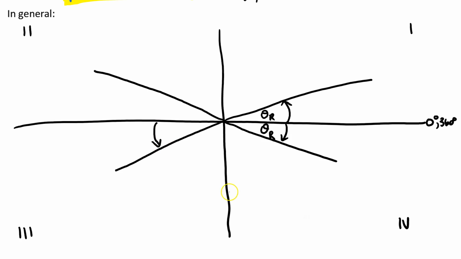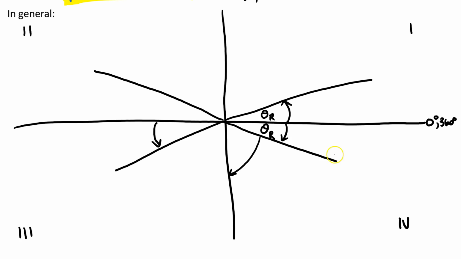Now, some people get fooled and go to the nearest axes. That would mean some people would think we find the distance between the terminal arm, that's what this is called, and the y-axis, but that's not true. It's always going to be between the terminal arm and the x-axis. So you can find where the reference angle is all throughout.